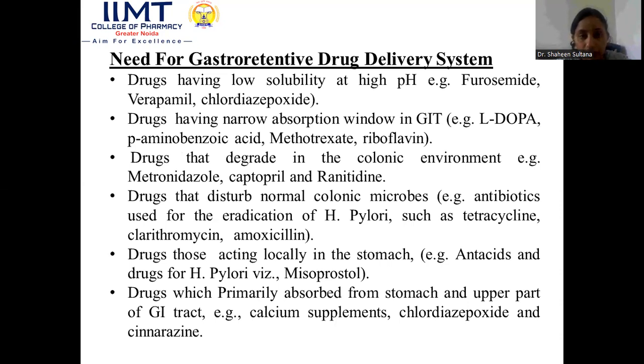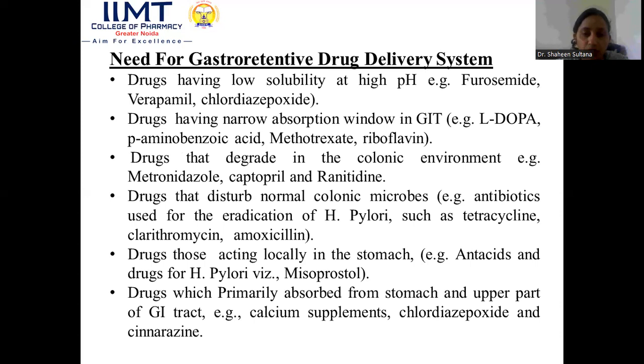They can be formulated as drugs that degrade in the colonic environment, for example metronidazole, captopril, ranitidine, which degrade in the colonic environment of the intestine. So they will be retained in the stomach for a long period of time, and will not be allowed to degrade in the colonic or alkaline environment of the intestine.